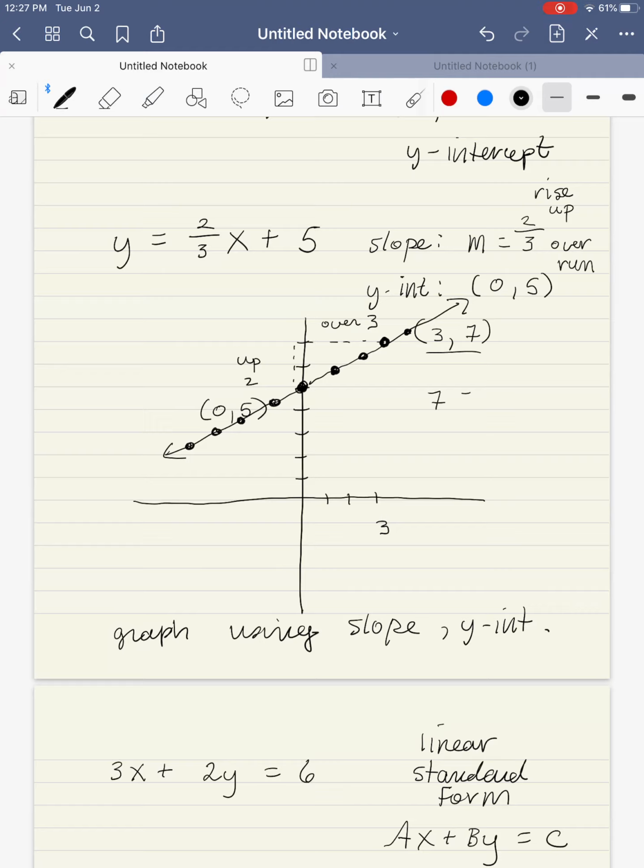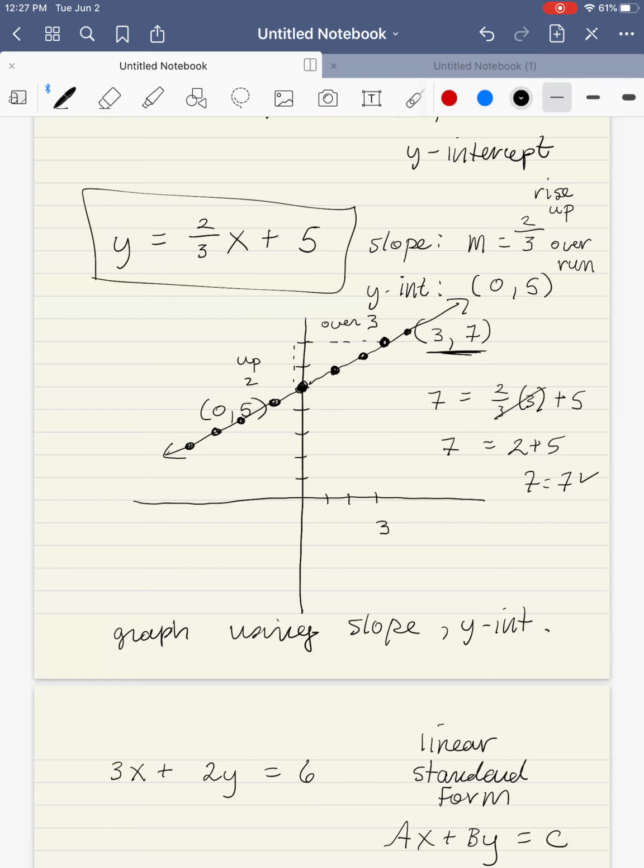So for instance, I had the point 3, 7. That would tell me that what I'm trying to see is if 7 equals 2/3 times 3 plus 5 is a true statement. So I can cancel my 3 and I get 2 plus 5 and 7 equals 7.